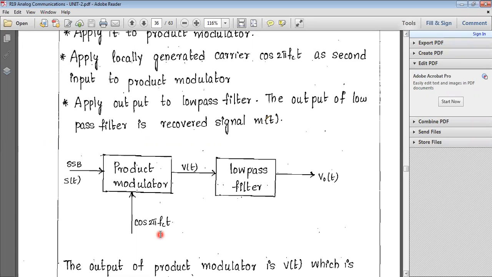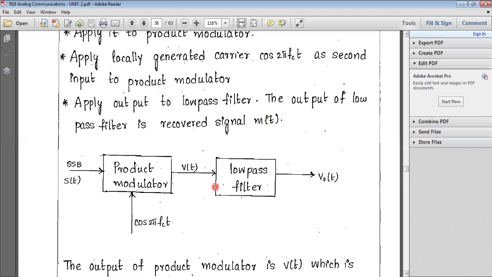So we must maintain the same phase and frequency for the transmitted and received carrier signals. That is, we must have synchronization. Otherwise, we get an error, a phase error, which is represented with phi.